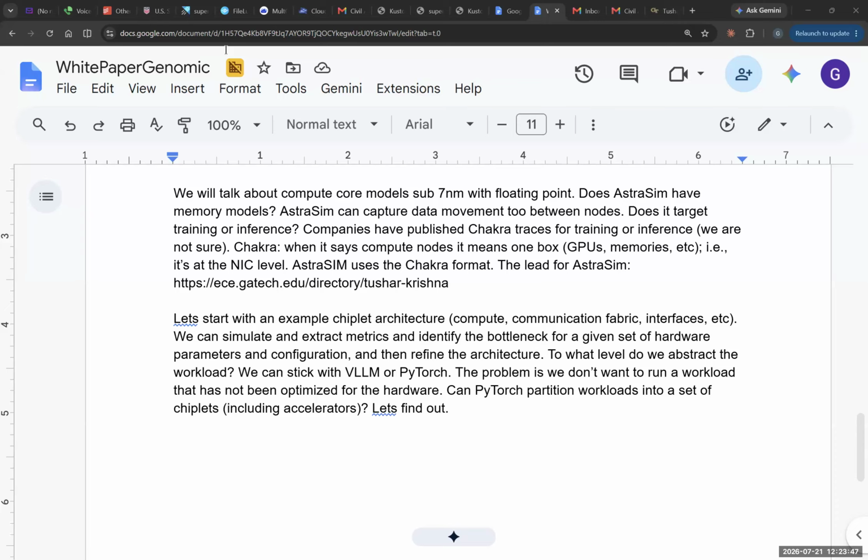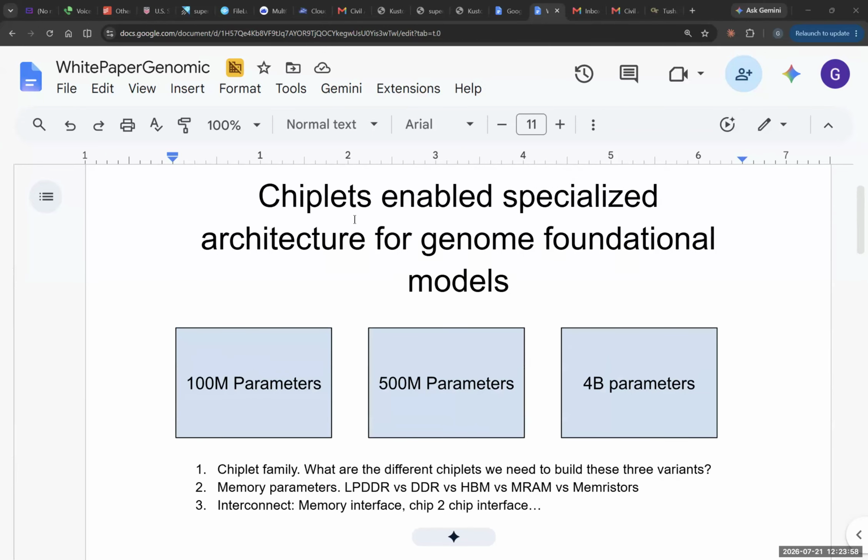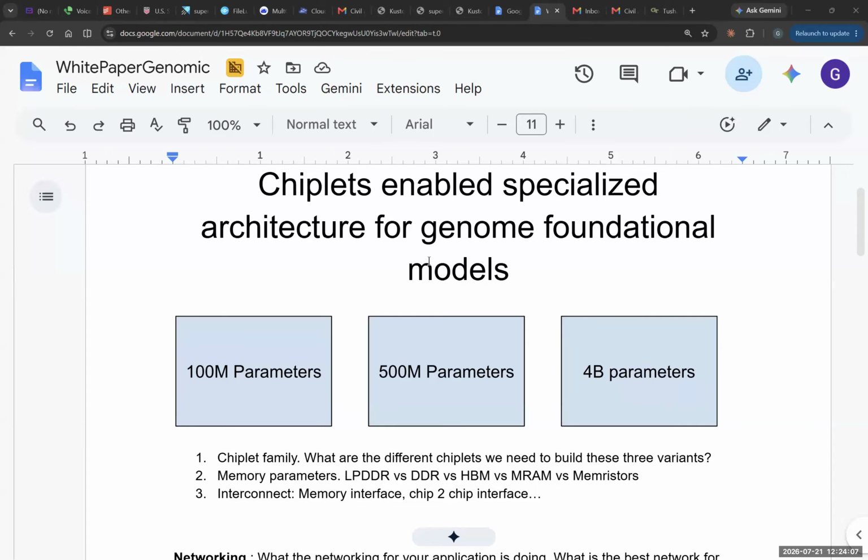I'm going back and forth whether somebody should volunteer or make that a topic for our next meeting. So let's take a step back. The first question is which workload, and we have some profiling results for these genome models that make it sensible as the first pass, as long as we have code for it or whatever AstraSim expects as an input.